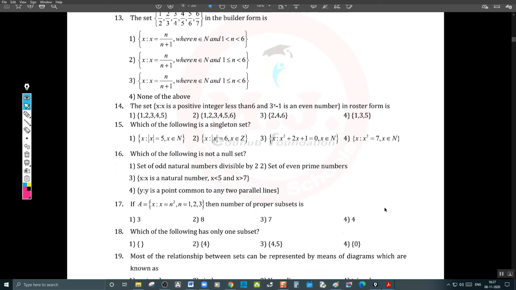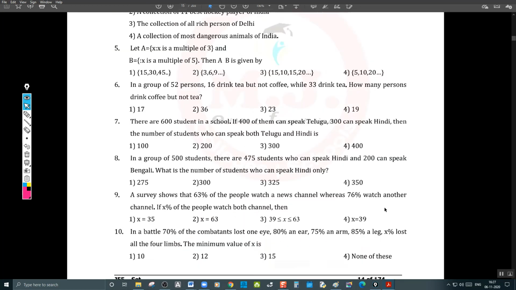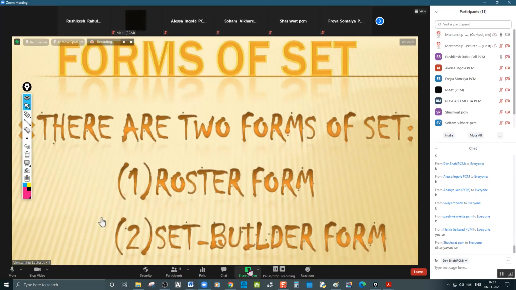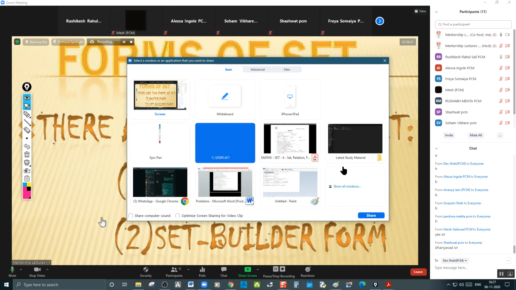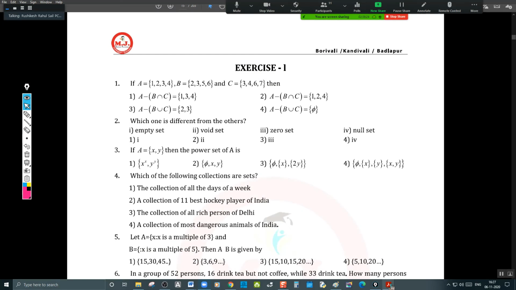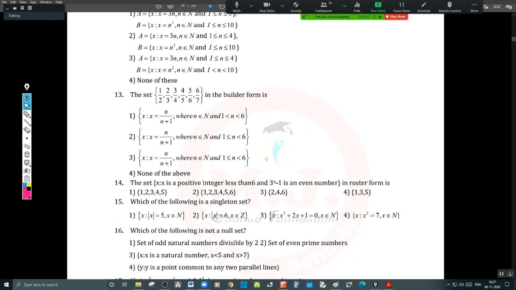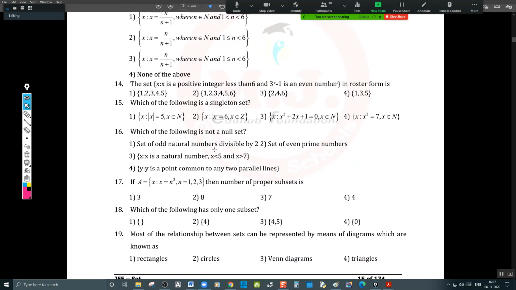Show me the question. I'm sharing the screen. The 17th question. x is equal to n square, n is equal to 1, 2, 3, and so on. 1, 2, 3 means 1, 4, 9.